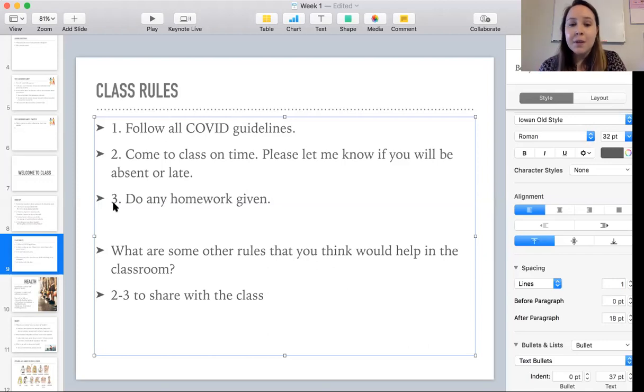Now, I want you to be thinking also, what are some rules that you think are helpful for the classroom? We talked about this in class this week, and your classmates, everyone came up with some really good rules. Things like making sure you're respecting everyone in class. We come from different places, we have different ideas, but we have to be respectful of one another. Making sure you are not talking when someone else is talking in class.